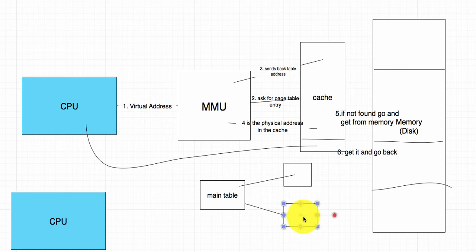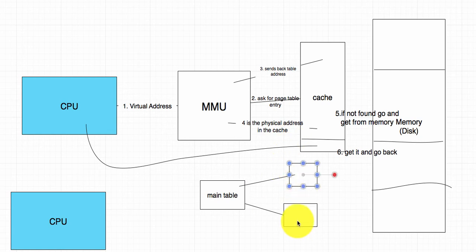And those page tables, it could keep going on, but we'll just stop here. If I have an even bigger application, they will then contain the physical addresses. What this allows is bigger page tables, a bigger translation space for my bigger applications. Now, my main table will always be in cache because I'll be using it so often.